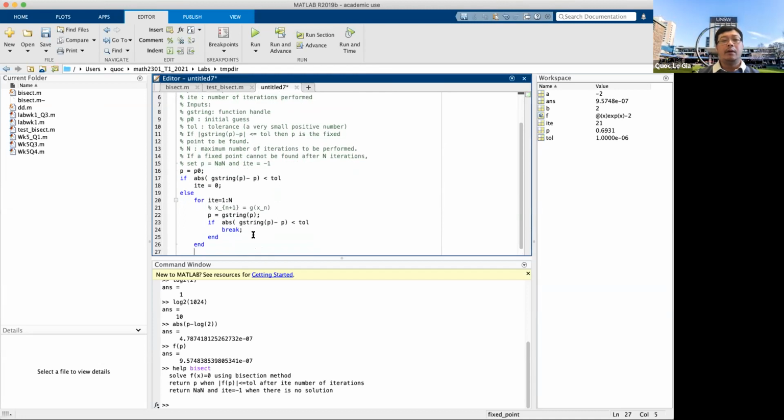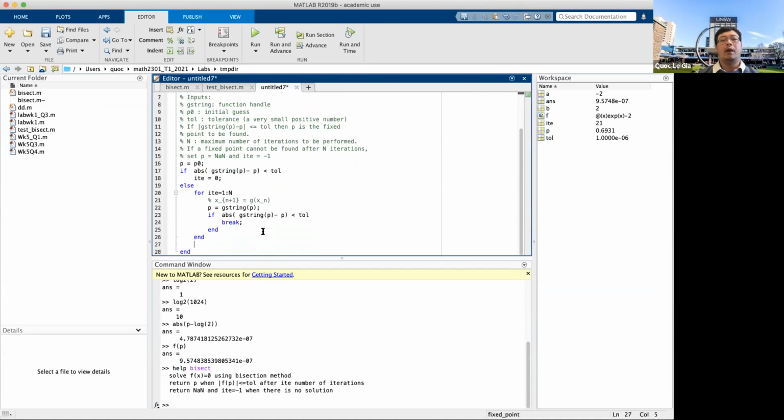And now after n iterations, if you cannot find the solution, so now what happens? Maybe we should be generous: less than or equal to the tolerance.